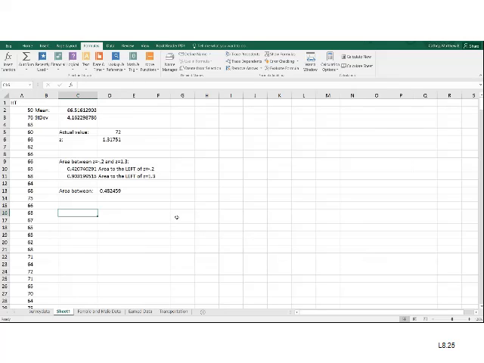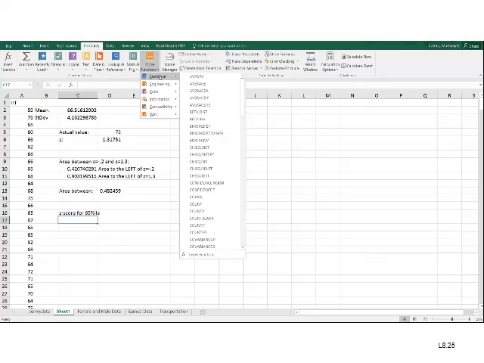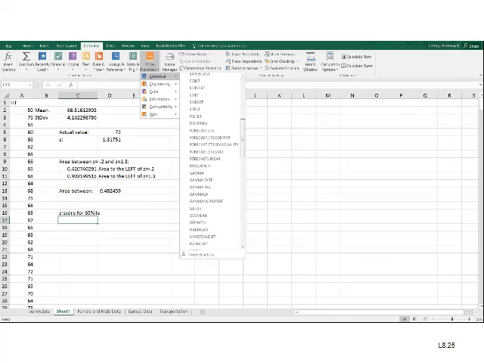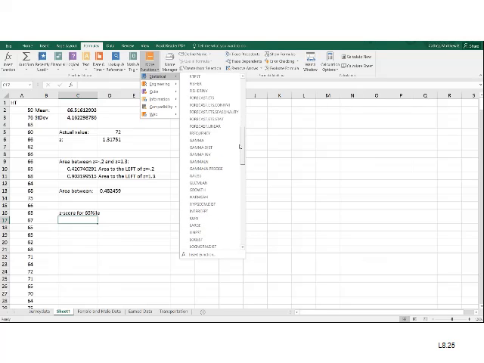Now let's find the z-score that corresponds to, let's say, the 65th percentile. Here we'll go under More Functions again, Statistical. Since we're given an area, I want to know the z-score that corresponds to the point at which there's 65% of the area under the curve to the left of that z-score.